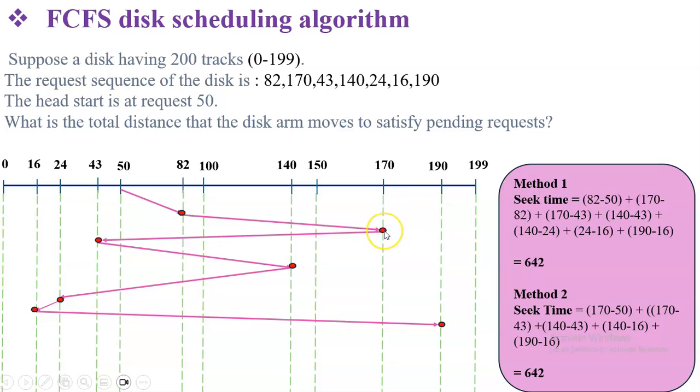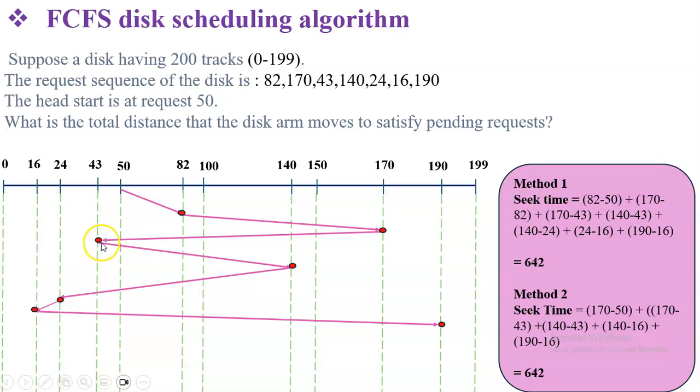So simply subtract 170 minus 50. Then we calculate the next movement in the reverse direction. What is the reverse direction? This direction. So it is 170 to 43, so we add 170 minus 43.